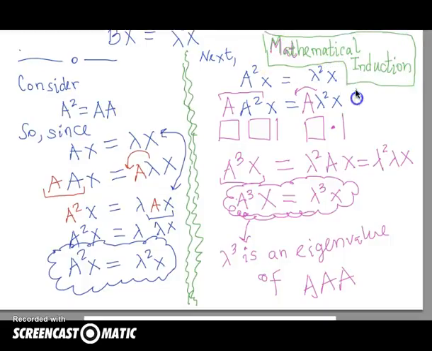Mathematical induction has something called the base case, and then something called the induction hypothesis, and you use both of these to give the proof in general terms.